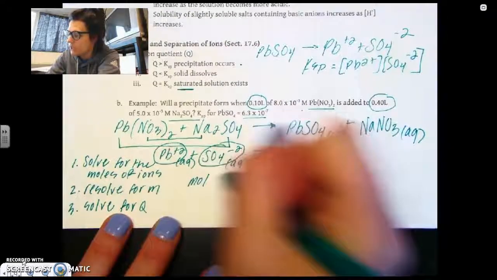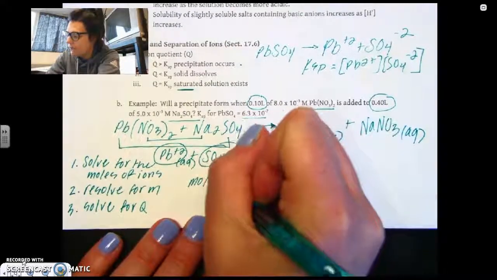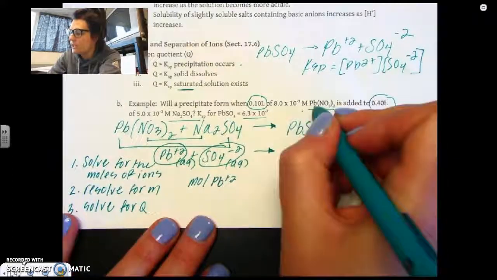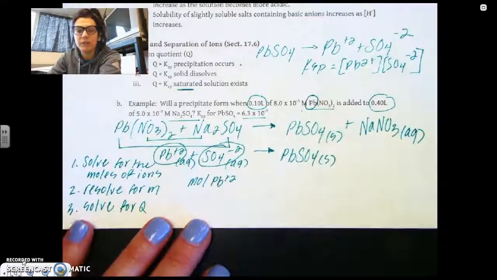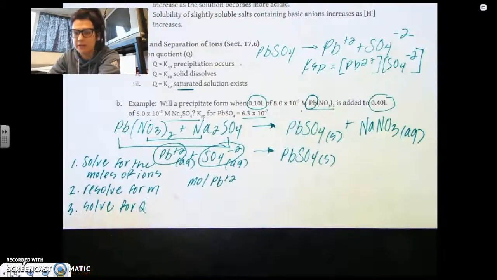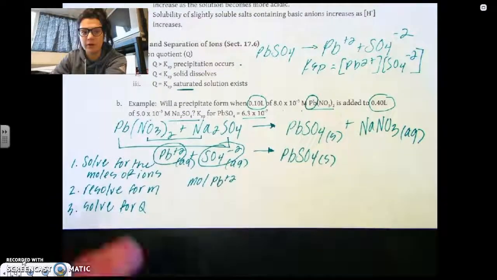Moles of lead is a 1-to-1 ratio. It's important that you pay attention, because if you make more ions, you have to multiply by whatever the coefficient is.